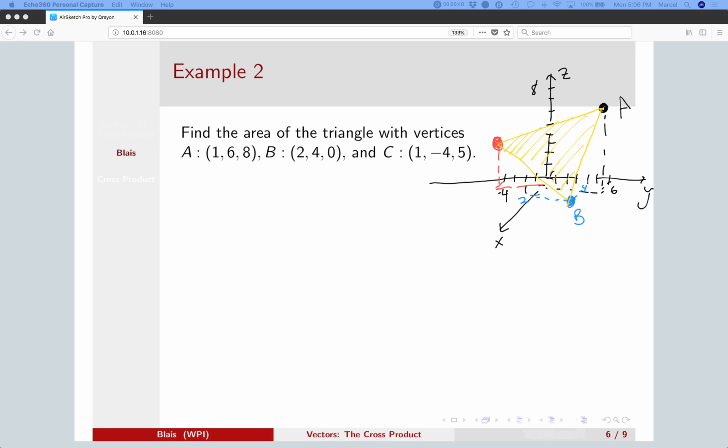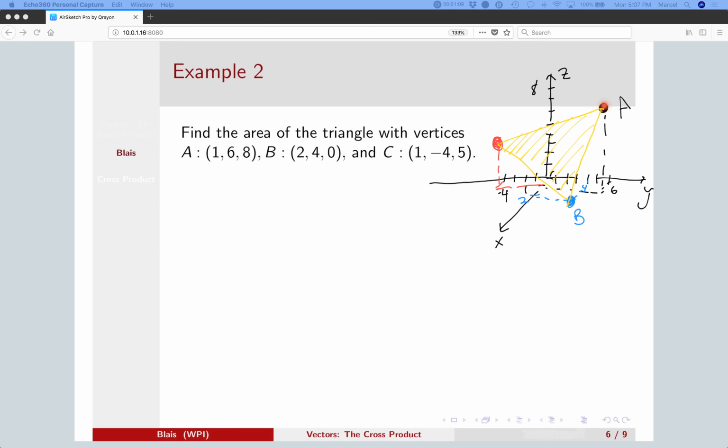And again, what we want to do is to create a couple vectors. And then with those vectors, we'll have a parallelogram. You can pick any two vectors here, as long as they're not parallel.